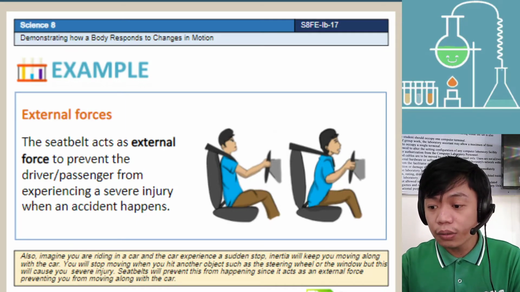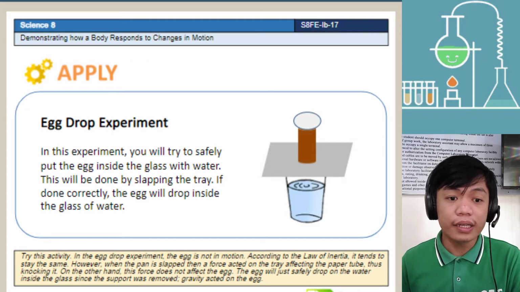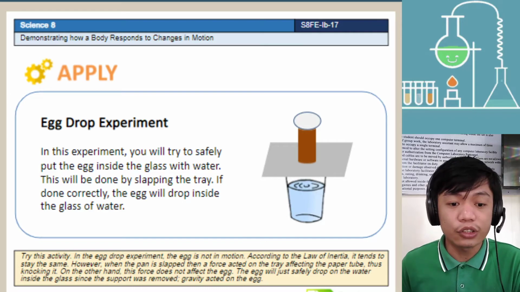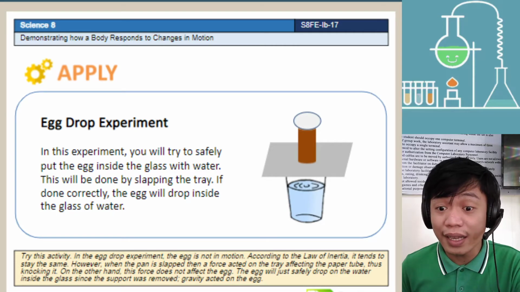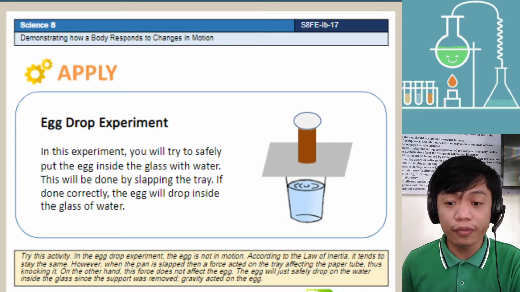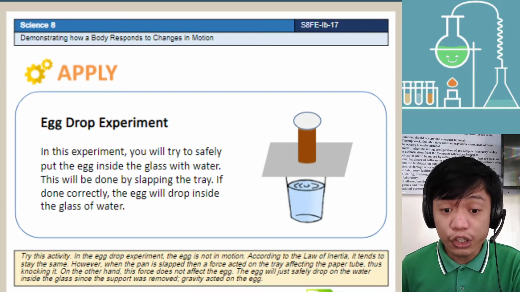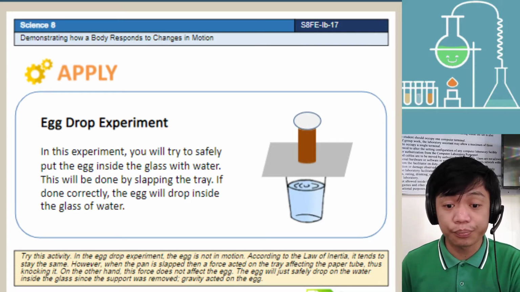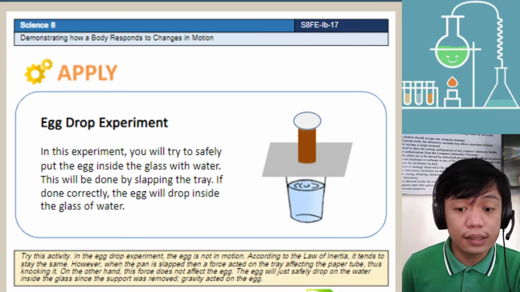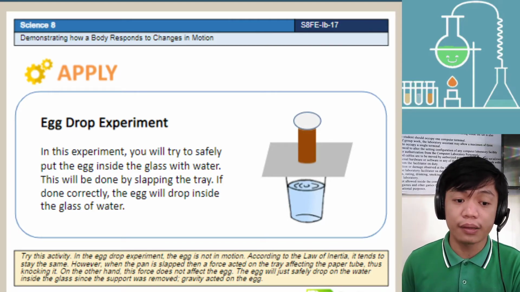Okay? So, another example is this. In the egg drop experiment, the egg is not in motion, right? So it is in the form of inertia, or it is at rest. According to the law of inertia, it tends to stay the same.